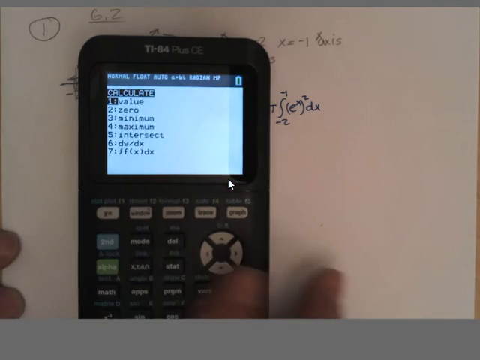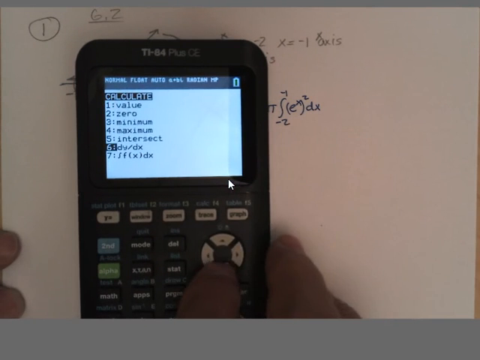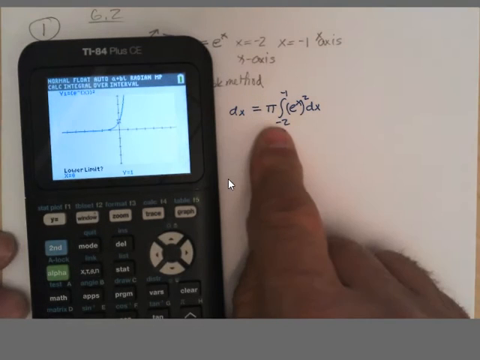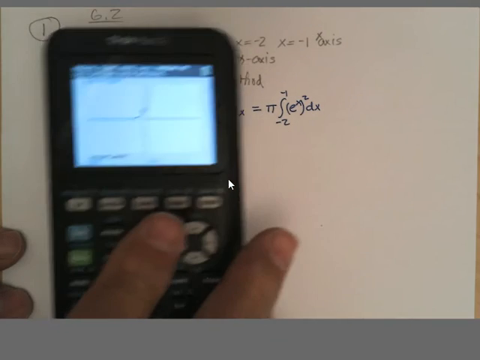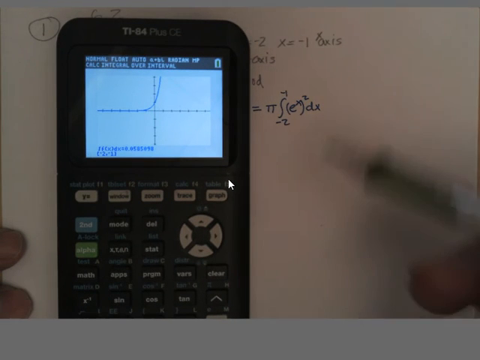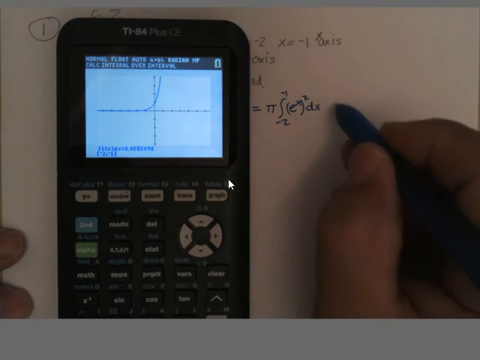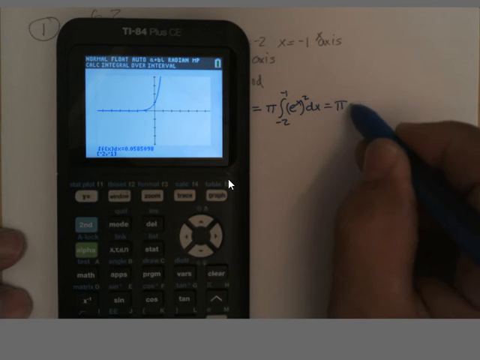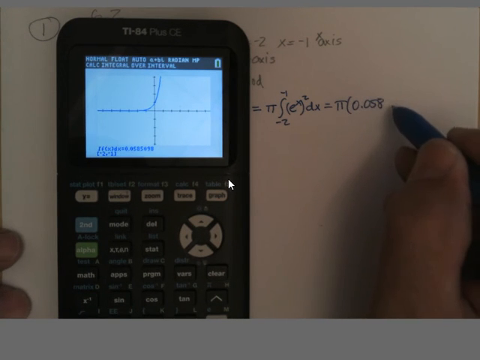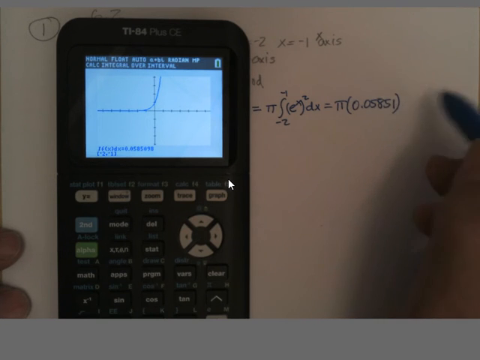Second, calculate the integral from minus 2 to minus 1. Negative 2, enter, negative 1, enter, and I get pi times 0.0585909, which is like 1 rounded off.